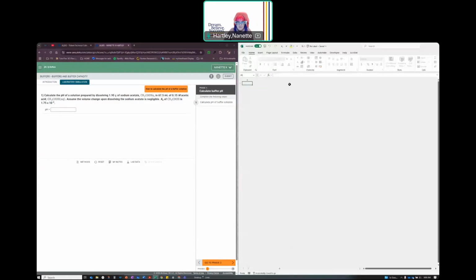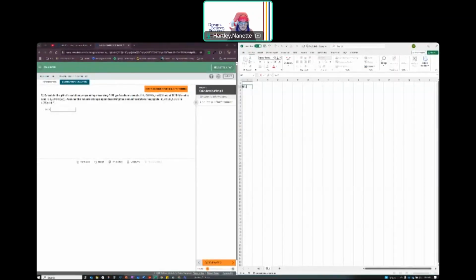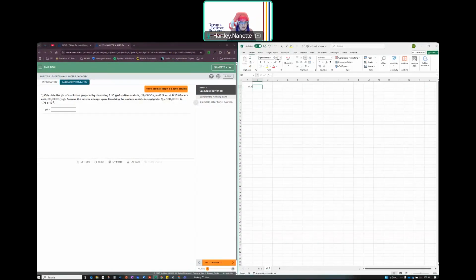So I have this. And what it's told me is that I have 67.5 milliliters of solution. I also have 1.90 grams of that sodium acetate, NaCH3COO, and this is H2O.